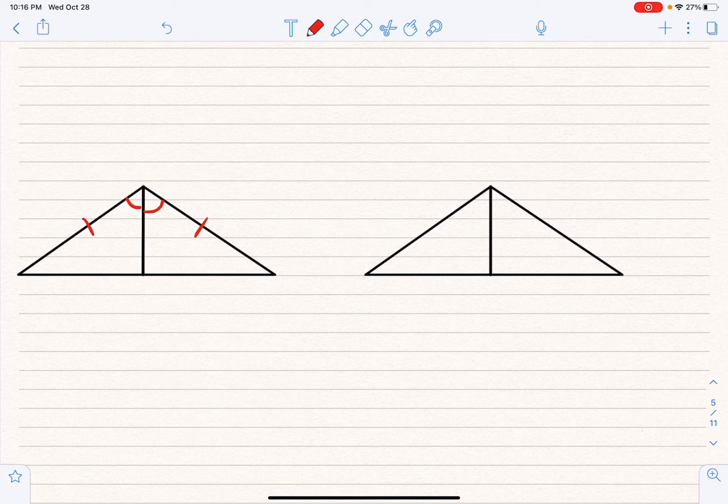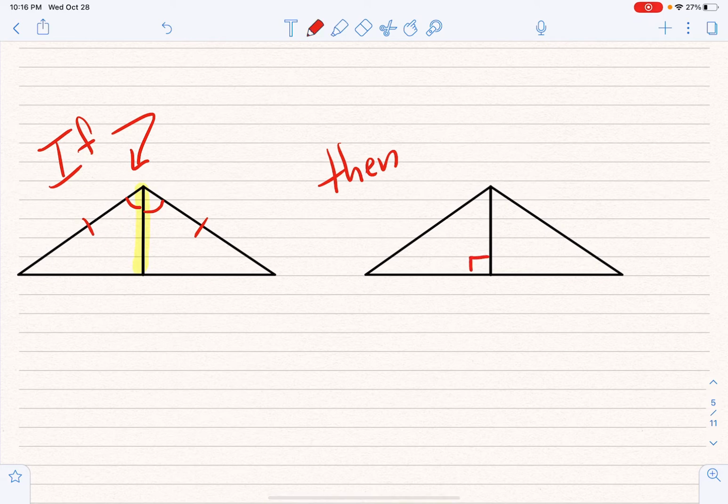So if I have an isosceles triangle and I bisect that top angle, so again, if this, then this is what happens. That angle bisector right here will always perpendicularly bisect the base, okay? If you have an isosceles triangle and you bisect the vertex angle, that angle bisector will always perpendicularly intersect the base and break it into two congruent pieces.